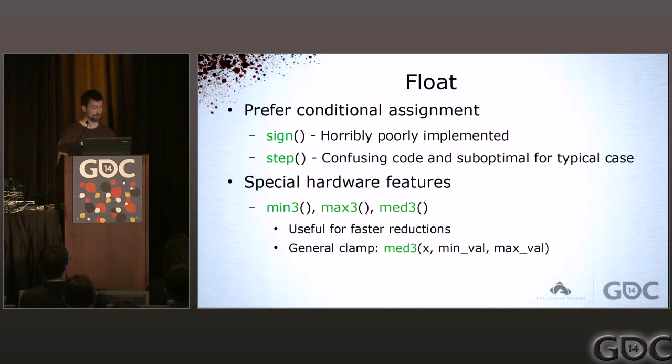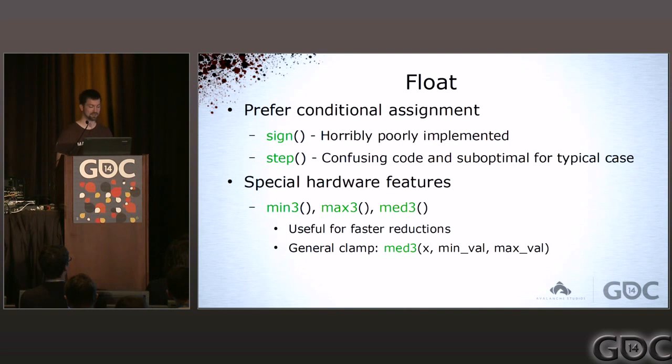The hardware has a bunch of new interesting features as well. It has instructions for doing the minimum of 3 or maximum of 3 and the median of 3 values. This can be quite useful if you do things like post-processing and want to do a bigger reduction of data.